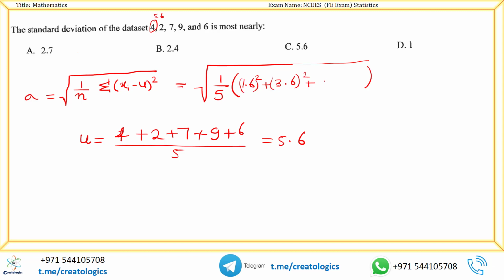From the next term, 7 minus 5.6, that gives me 1.4 squared, plus 9 minus 5.6 squared, that gives me 3.4 squared, plus 6 minus 5.6, that gives me 0.4 squared, like this. So when I simplify this using the calculator, my answer comes out as 2.4, and you can see from the options, option B is the correct match for that.